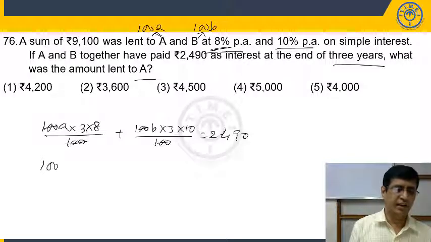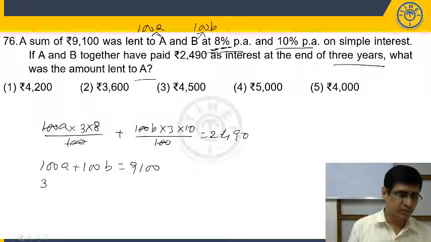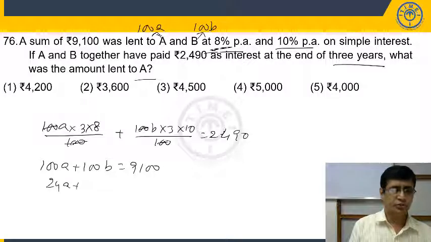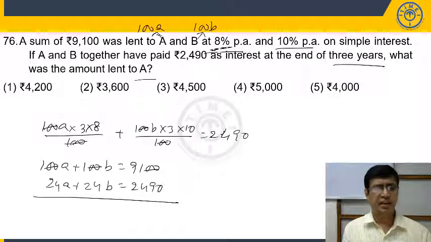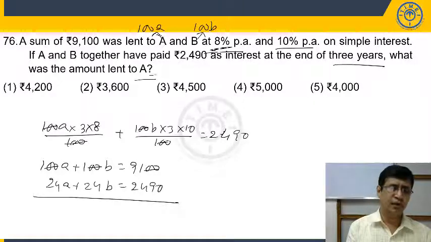Actually, 100A plus 100B is equal to 9100, whereas 24A plus 30B is equal to 2490. Here you can simplify, zeros to 0 you can cancel. A plus B is equal to 91, and 24A plus 30B is equal to 2490, and we are asked to find the value of A.